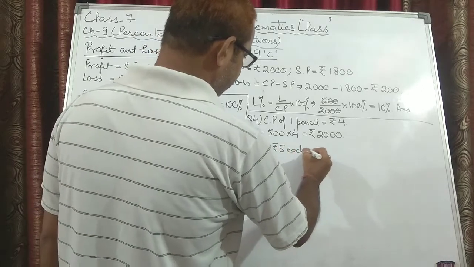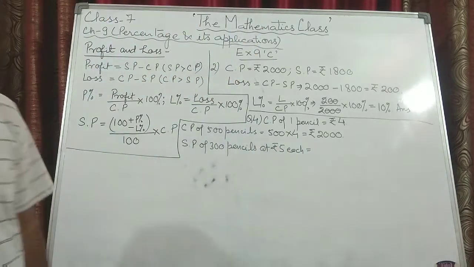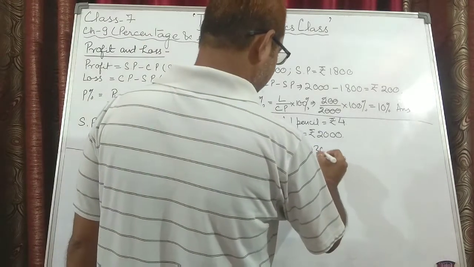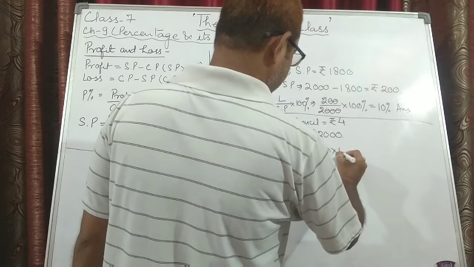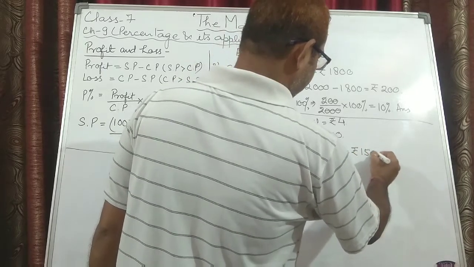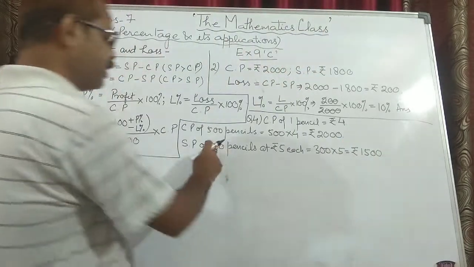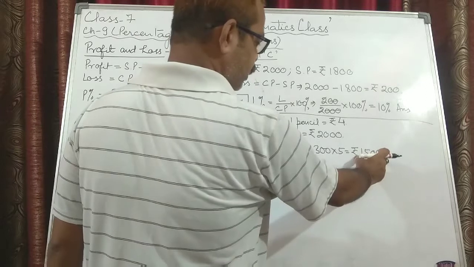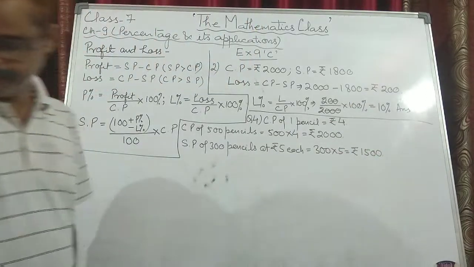So the total amount is 300 times 5, that is rupees 1500. He sold 300 pencils for 5 rupees each. It means he already earned rupees 1500.